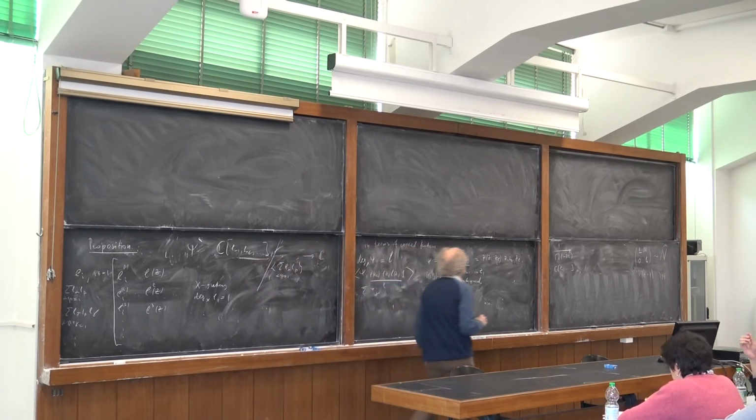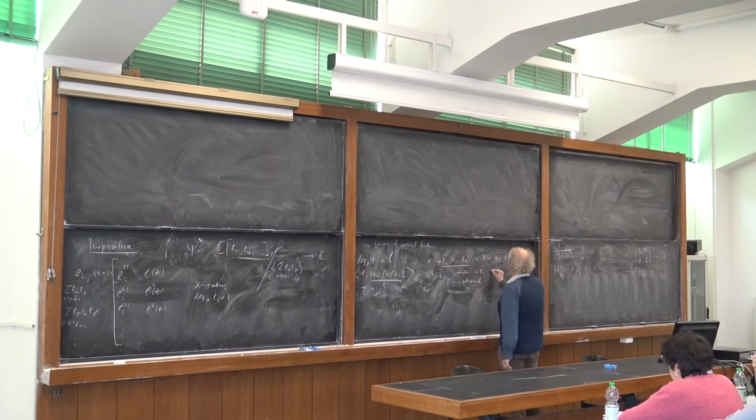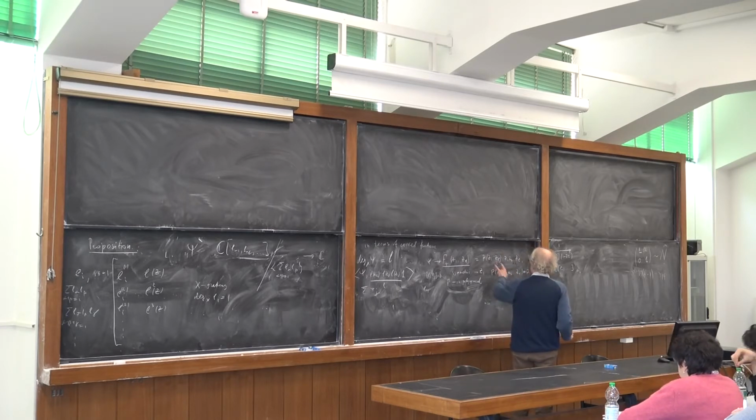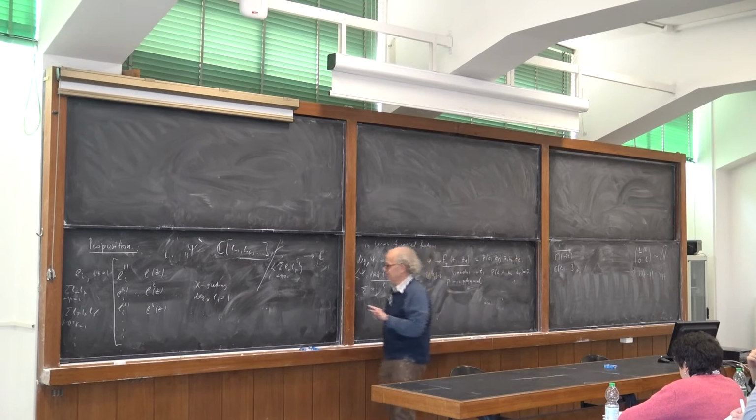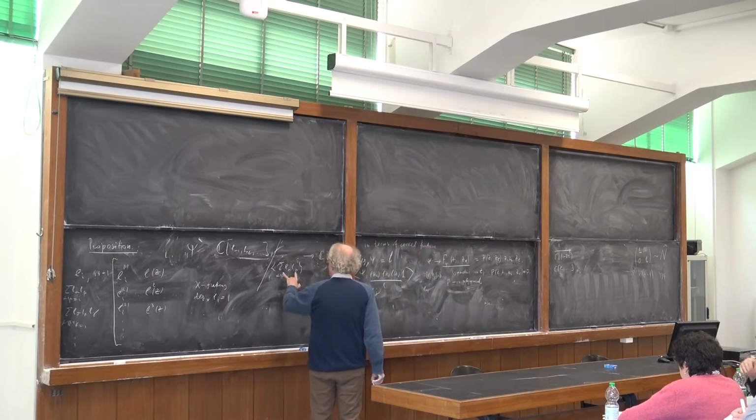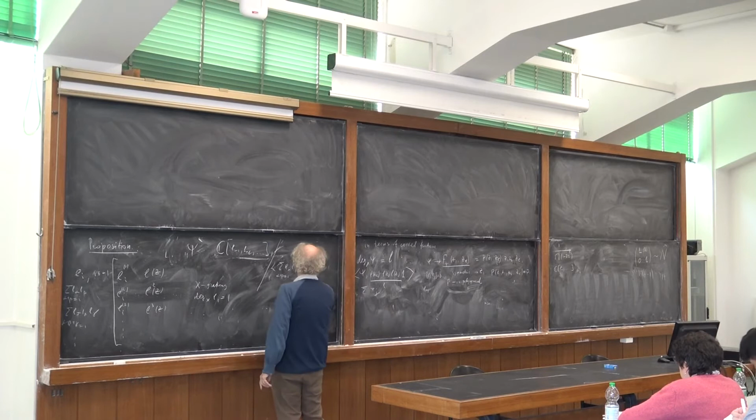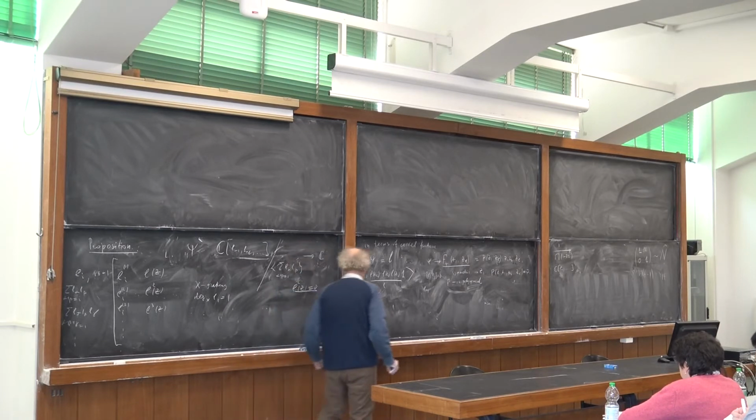From that, I can deduce that P of z1, z, z, z3, and so on, zL is 0. So if I substitute two elements which are equal, then it has to be 0. This is just a simple consequence of this, or of the relation that E_z squared is 0, which also produces such things.